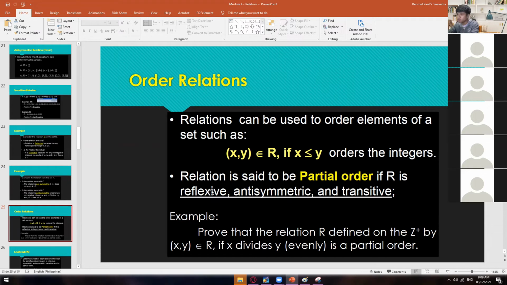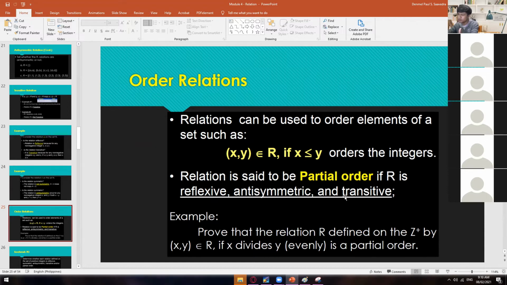If one of these is not met in a particular example, then that one is not a partial order. So you should have these three relations: reflexive, anti-symmetric, and then transitive.